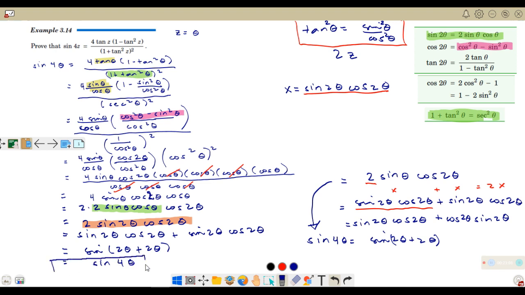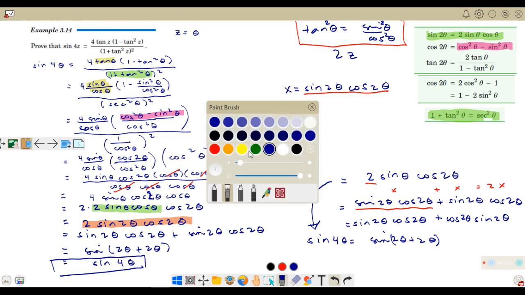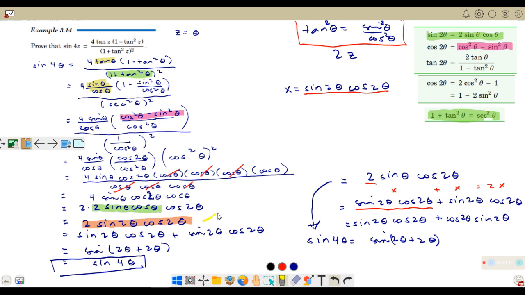Okay? So, another tip, pagka hindi nyo nakita yung solution, halimbawa, naging stagnant na kayo at this part. Kasi ang hirap na makita kung paano mo siya gagawing sin 4 theta at this part, di ba? Dito sa 2 sin 2 theta cosine 2 theta. My tip is work backward. Given ka naman with the value that you can prove.